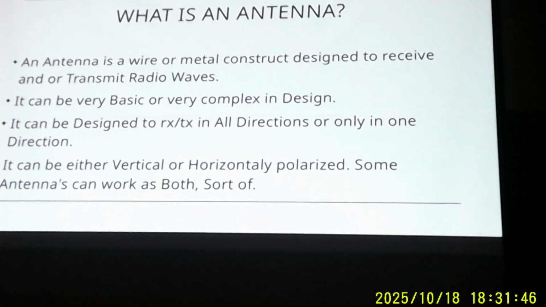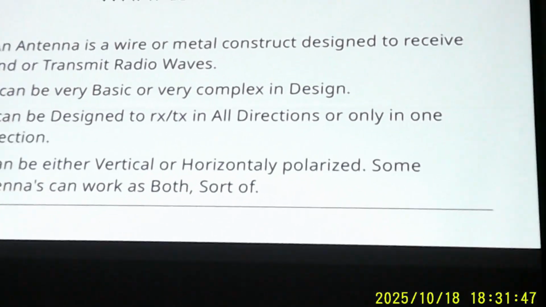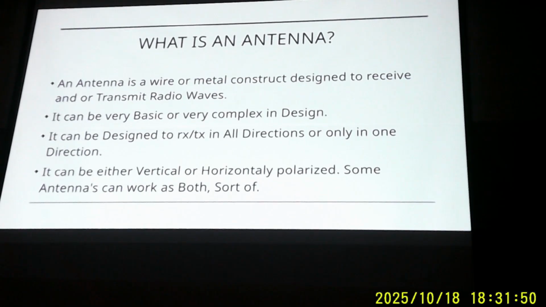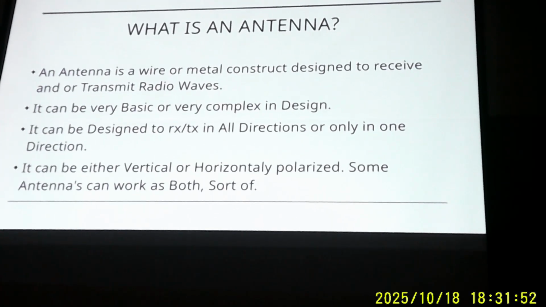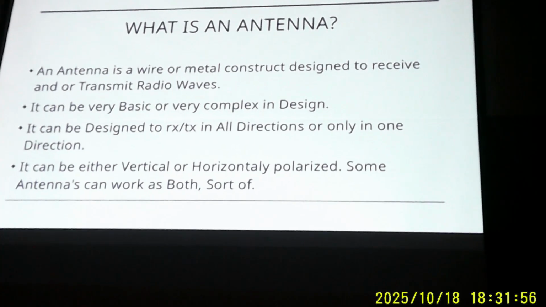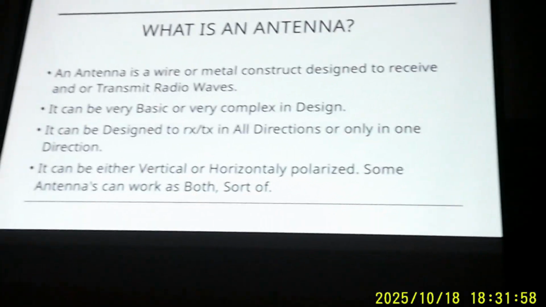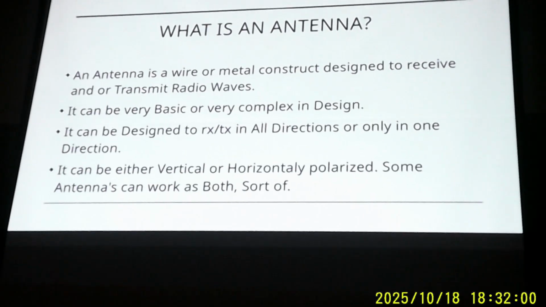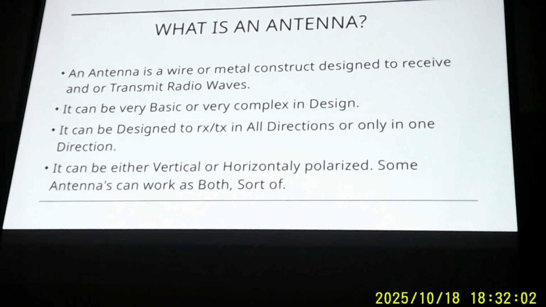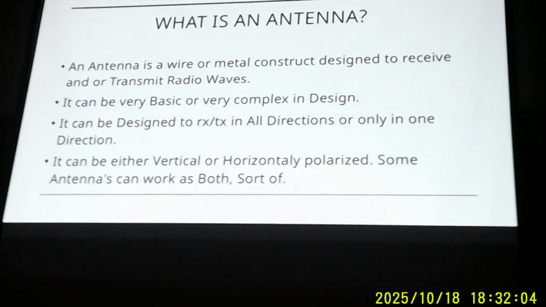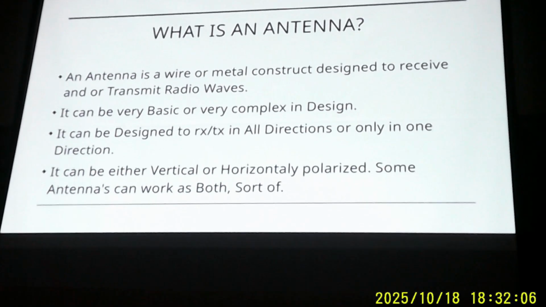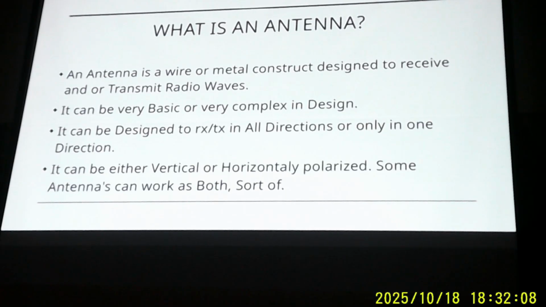It can be designed to receive or transmit in all directions, or only in one direction. There are advantages and disadvantages. It can be either vertically or horizontally polarized. Some antennas can work as both, sort of.